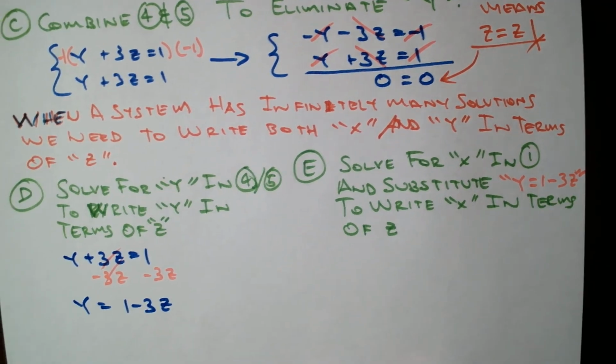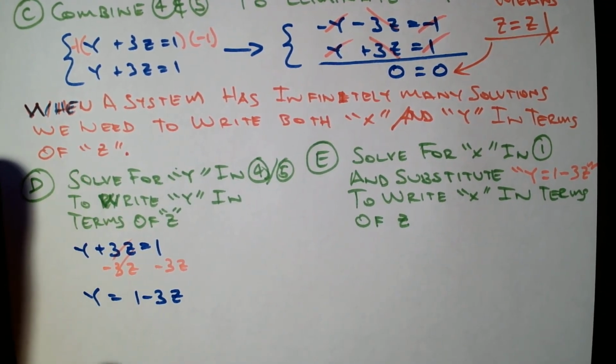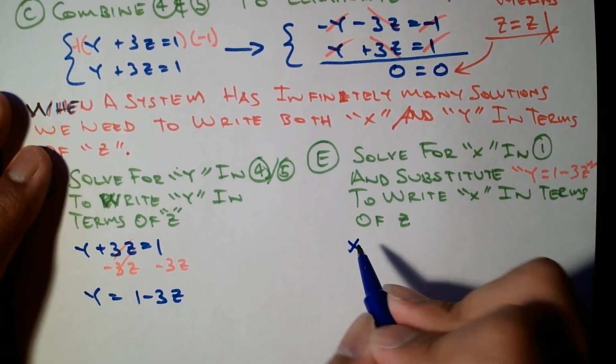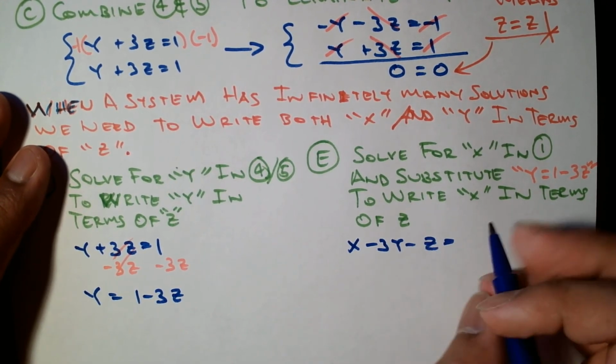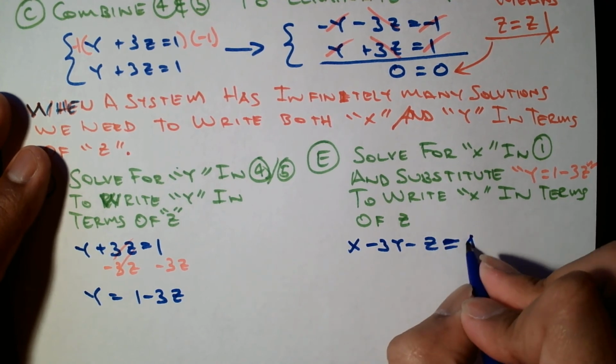All right, so how are we going to do this? Well, let's write down the first equation. Equation 1: x minus 3y minus z equals 4.